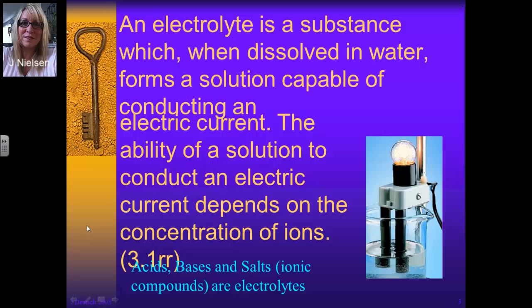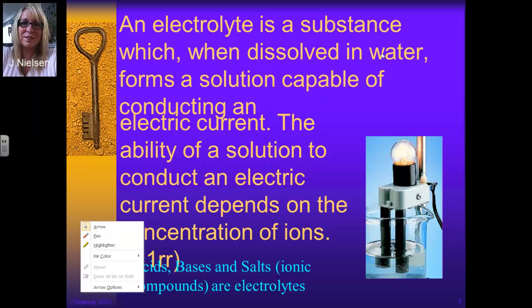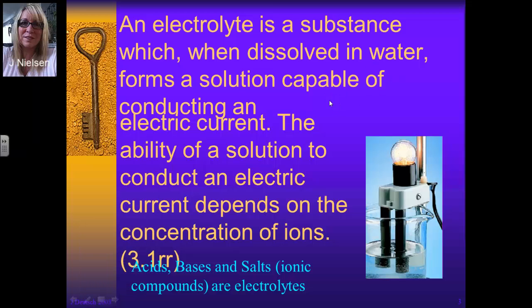For example, HCl will dissociate into H+ and Cl-. So if I have HCl, it dissociates into H+ and Cl-. I now have charged ions. If I have NaOH, it will dissociate into Na+ and OH-.